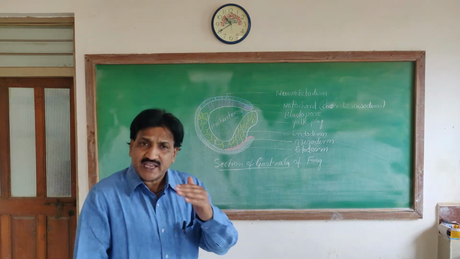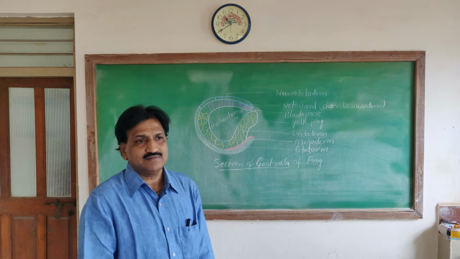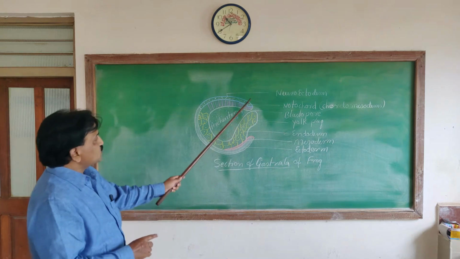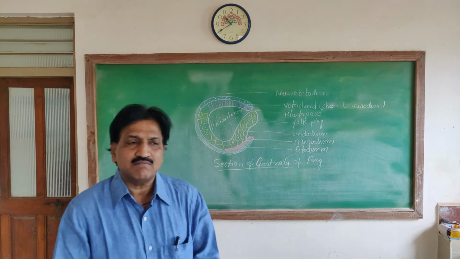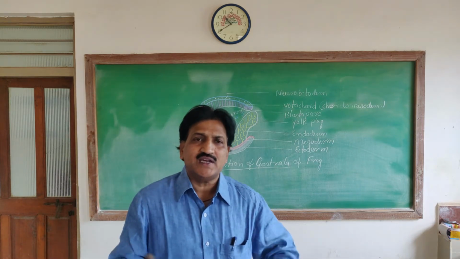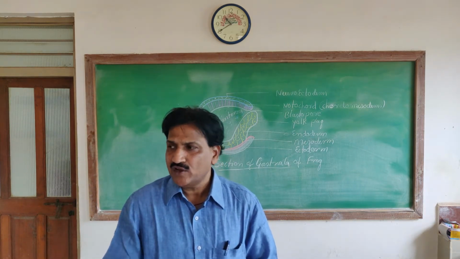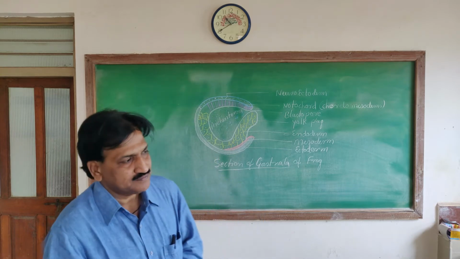What is the shape of the gastrula? The shape of the gastrula is oval, whereas in blastula it is spherical.